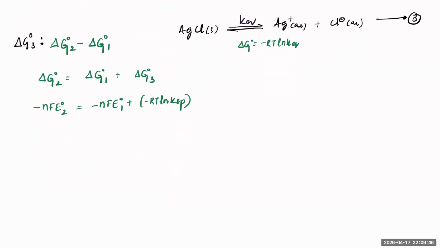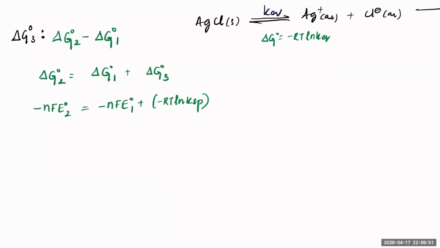Now you can see I can remove these minus signs from all of that, and I will get E naught 2 equal to E naught 1 plus RT by nF into ln Ksp, which is equal to E naught 1 plus, this RT by F value, we know that is 0.0591 by n, log of Ksp.